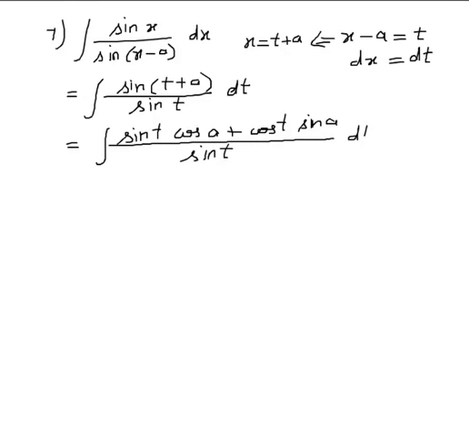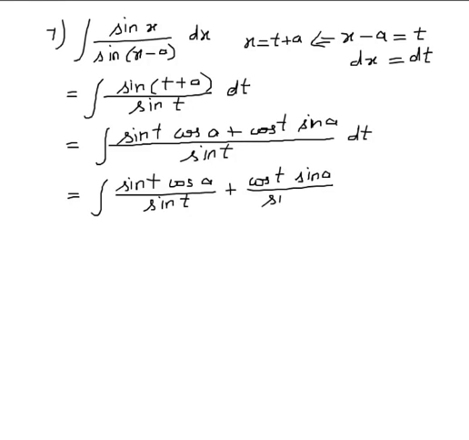Now see, we have two terms in the numerator and one term in the denominator. We can separate the terms. So first term, sin t cos a divided by sin t, and the second term is cos t sin a divided by sin t and dt.